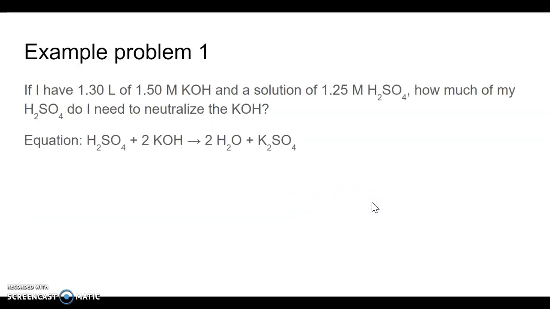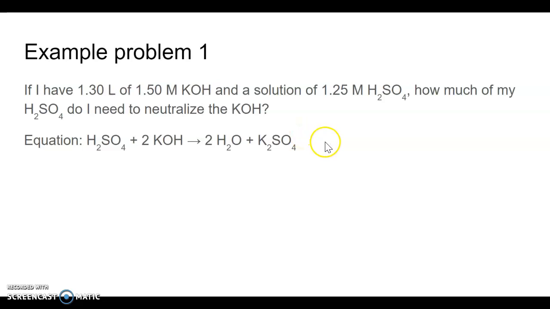So if I'm mixing KOH and H2SO4 together, and I have my starting volume of KOH and its molarity, and then I just have the concentration of the H2SO4, let me show the stoichiometry for that. I would, of course, first write my balanced equation, because that's always really important.